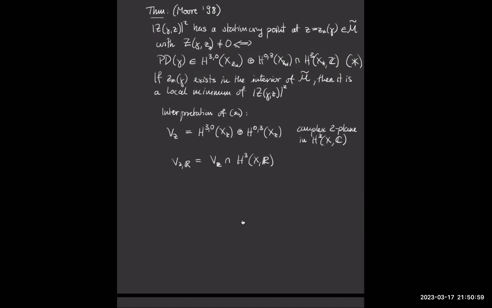Now, since H^{3,0} is generated by omega and H^{0,3} by omega bar, if I take the intersection with the real cohomology, we get a real two-plane in H^3_R.